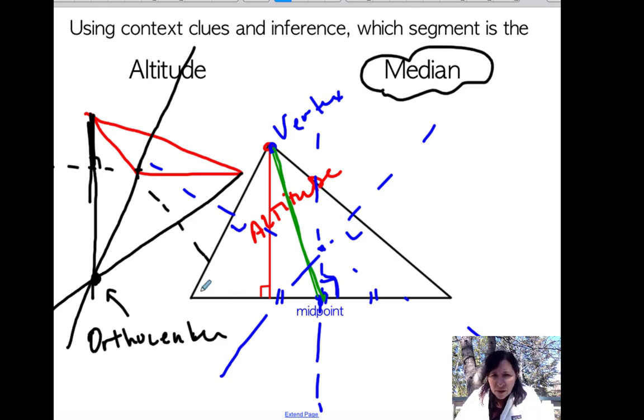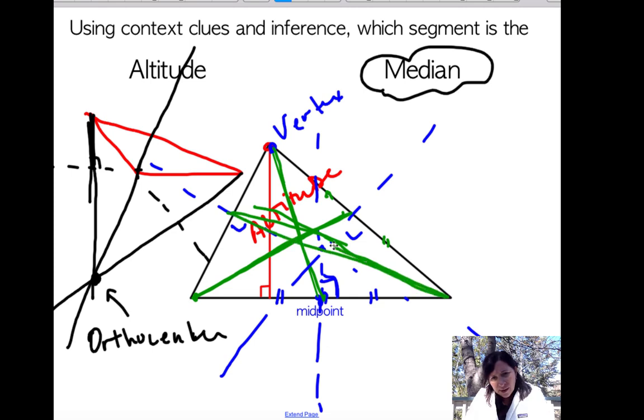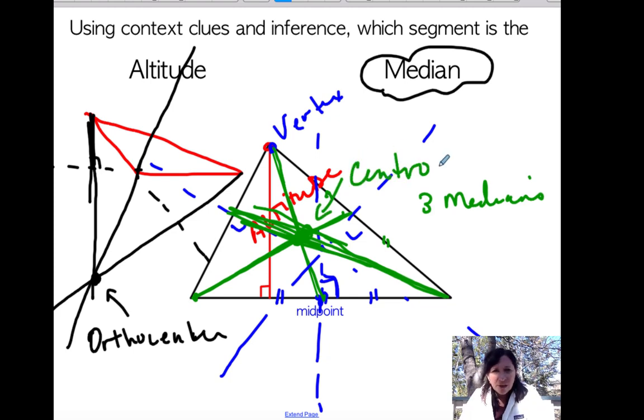If I have from this vertex and I connect to that perpendicular bisector, which is the median, we'll see how these equal that, and then I connect this vertex to this perpendicular bisector. These are 3 medians, so 3 medians give me this point of intersection here, which is called the centroid.